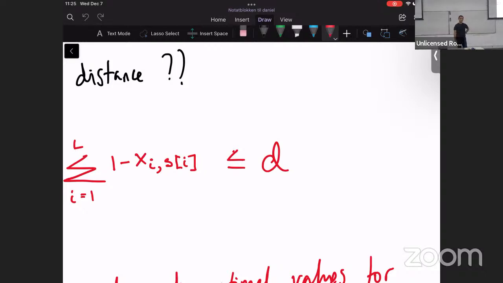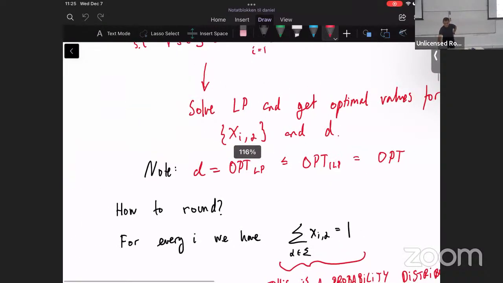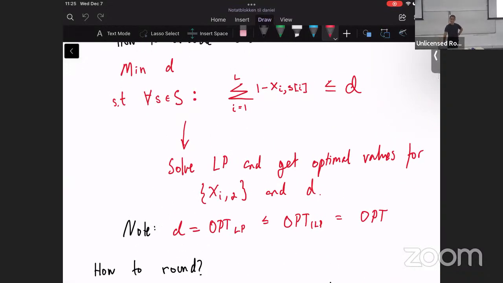And that holds for every string S. So for every string S in our set capital S, the expected distance from the center string to that string is going to be at most D. And D is, of course, our opt LP. Remember that D is the thing that we're minimizing, so D is equal to opt LP. And so for every fixed string in our set S, the expected distance from it to our center string is at most opt LP.